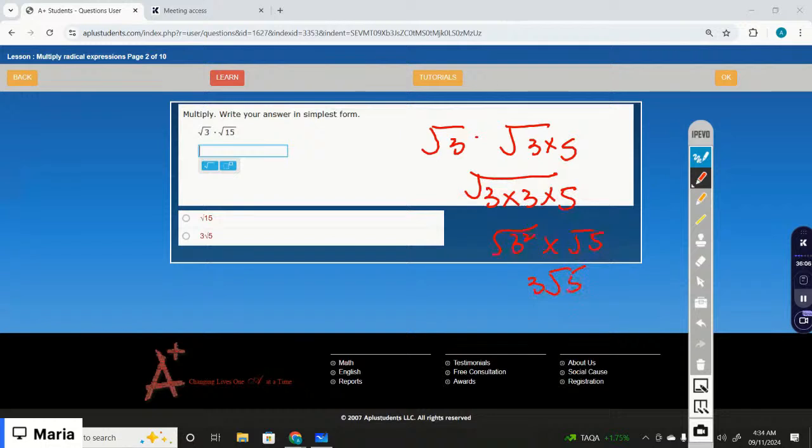The correct option is 3 square root 5. Option number 2 is the correct option.